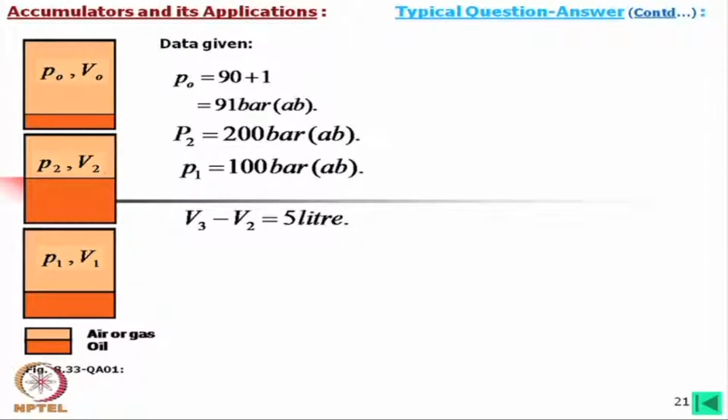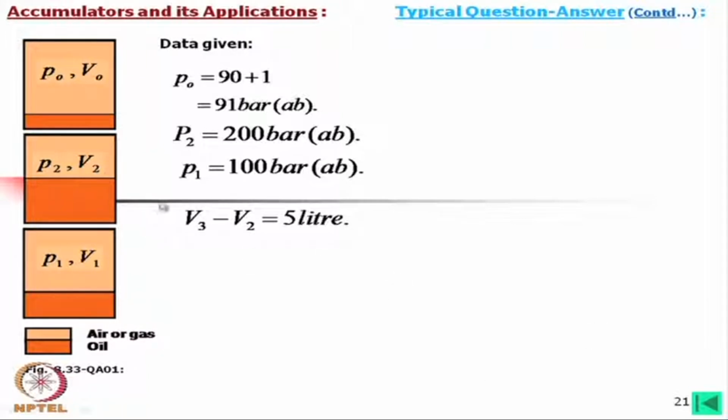Now, we are coming to part C, where you see this charge pressure was said to be 90 bar, charge was done at 90 bar. So, that 90 bar is the gauge pressure. We add plus 1 to make it absolute pressure, 91 bar, whereas the system is working at 100 to 200, which we consider as absolute pressure.